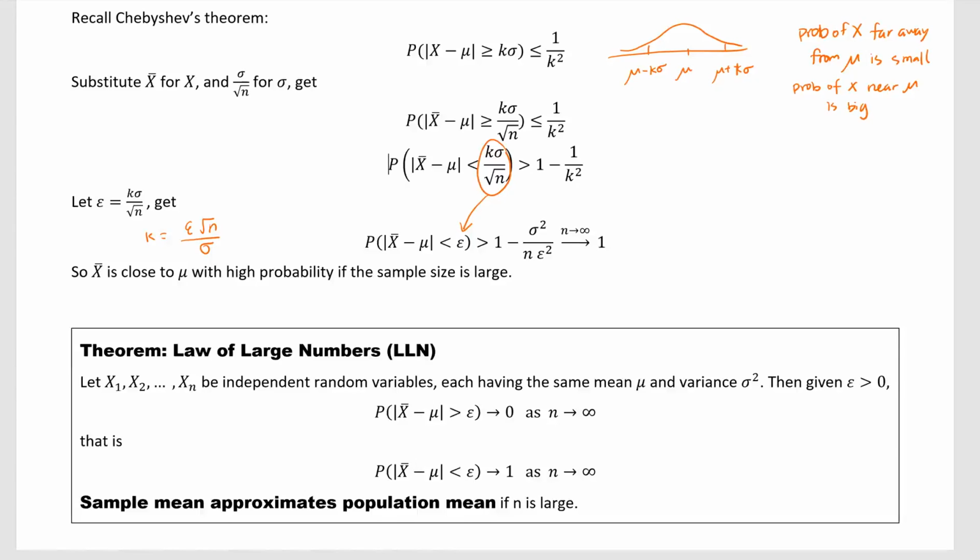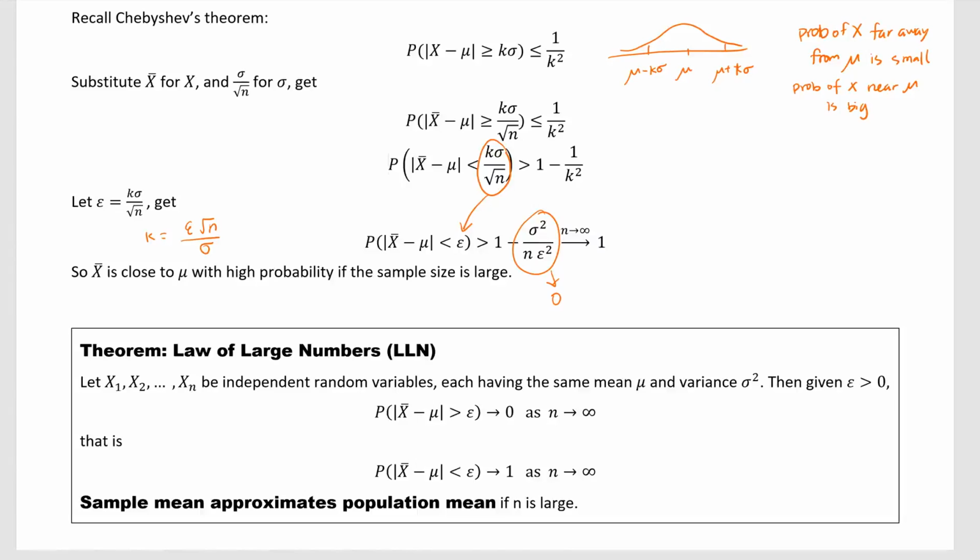So 1 over k squared is actually sigma squared over n epsilon squared, because square root of n times square root of n equals n, and then we have the sigma squared. So when n goes to infinity, this goes to 0, and that's why the probability goes to 1.